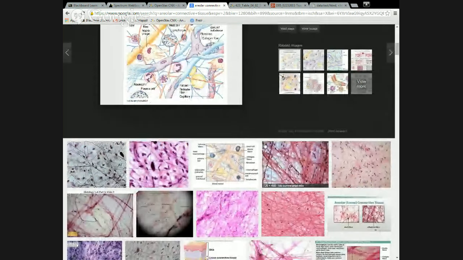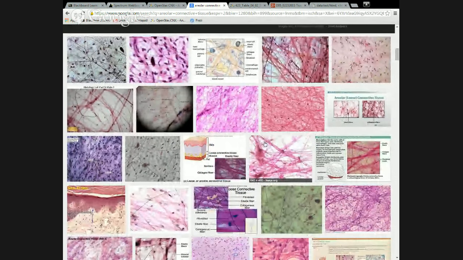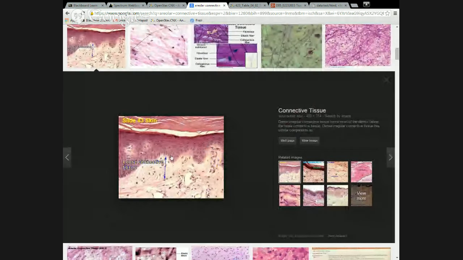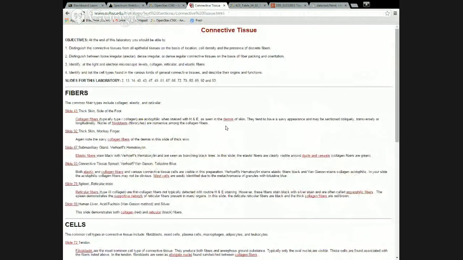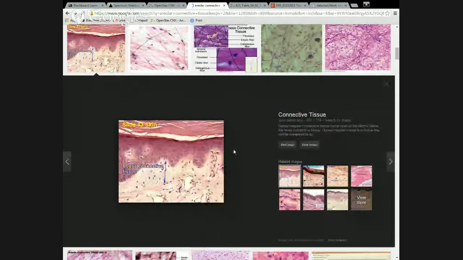Not a good example. Shoot. Did not go where I wanted to. Didn't quite get as big as I was hoping, but this right here is definitely a blood vessel.